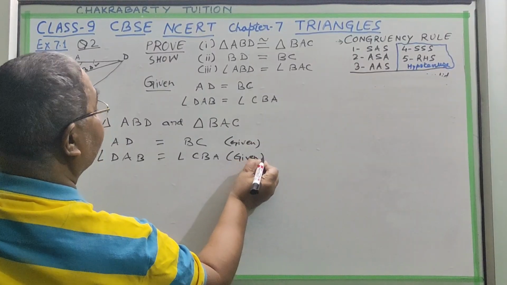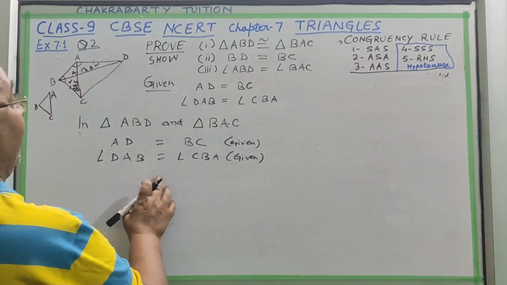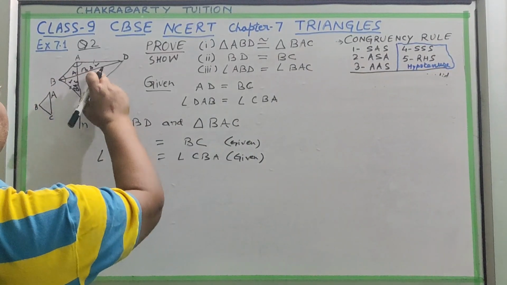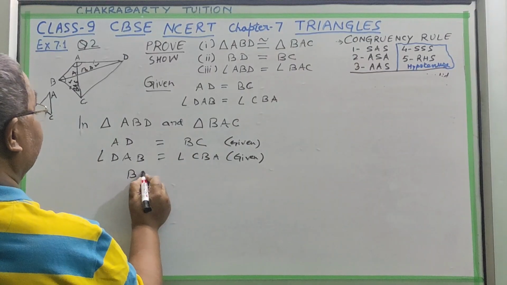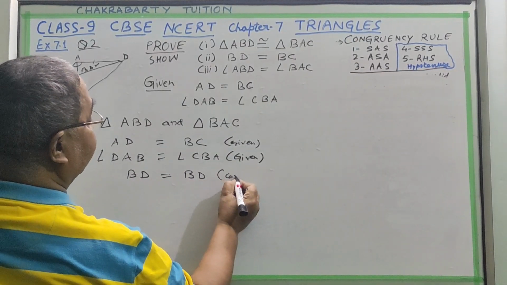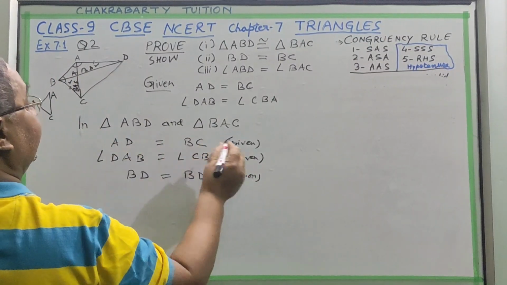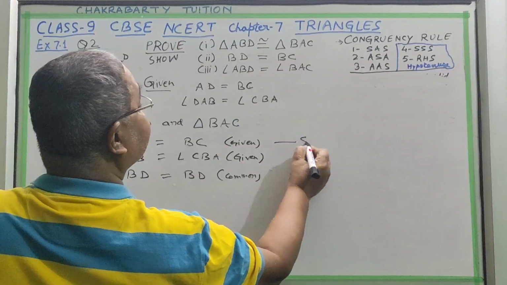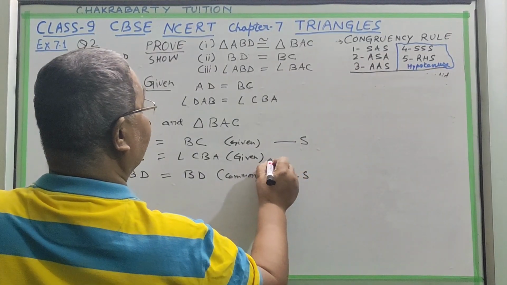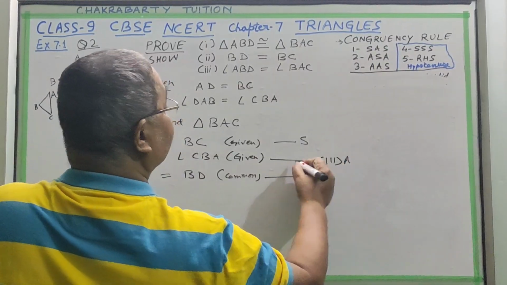Now you have one side and one angle, and one more side is required. So BD is equal to BD, common side. So first is a side, second is also a side, and third is the angle.